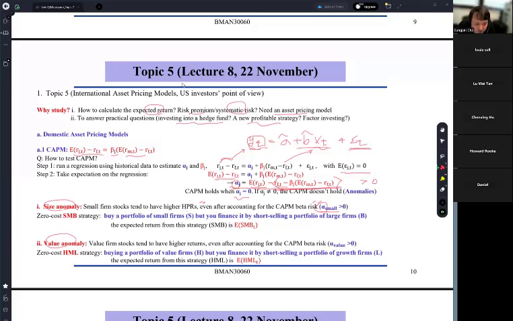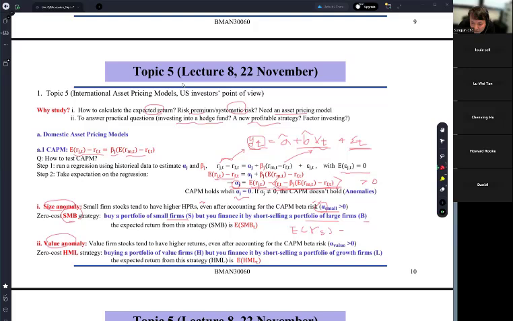How do we actually implement that? One way of implementing the size anomaly is the zero-cost SMB strategy, the small minus big strategy. We buy a portfolio of small firms, but finance it by short selling a portfolio of large firms. What is the return from this strategy?